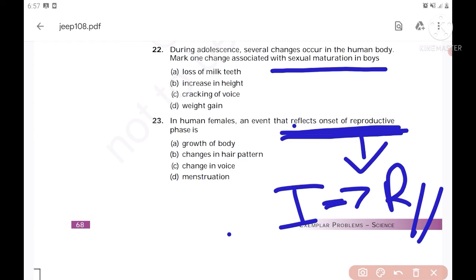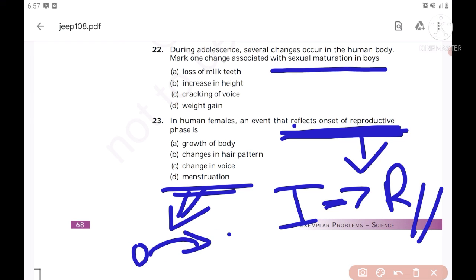Menstruation also happens. But which of this will reflect the onset of reproduction is menstruation. In menstruation only, the egg will be produced. One by one egg will be produced each and every month, right? So when this is produced, only it means that the individual is ready for reproduction.